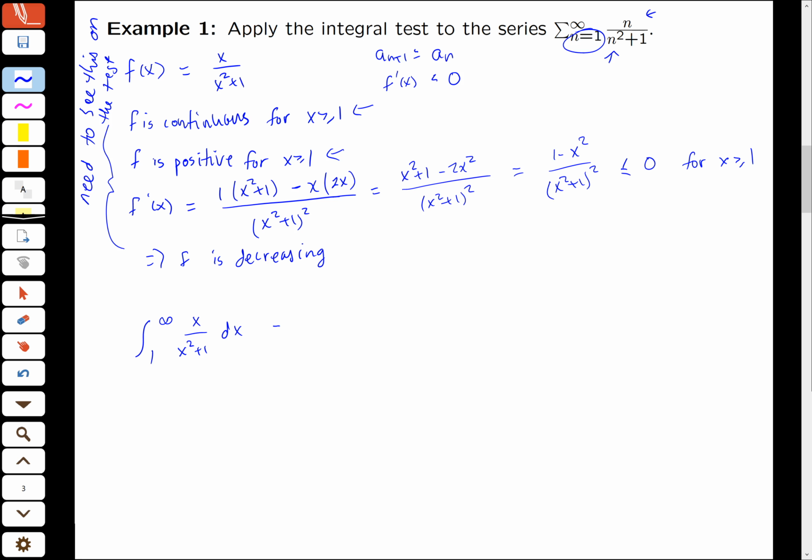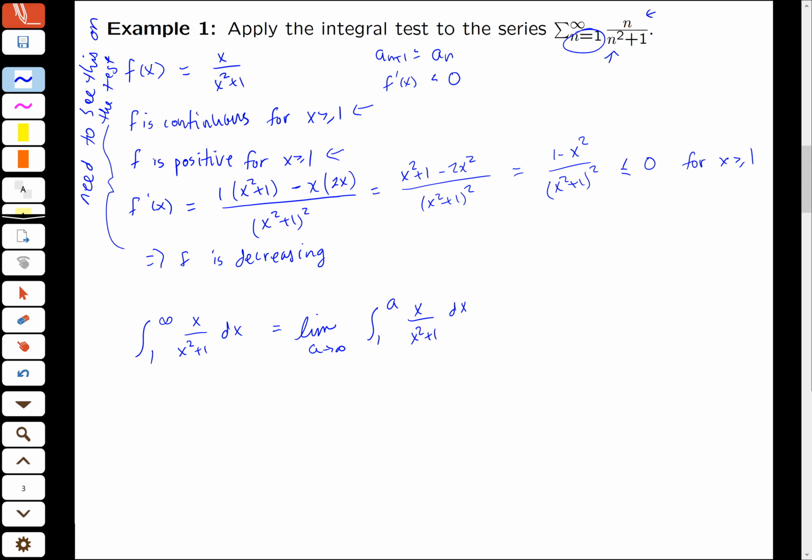How do we integrate that? What's our first step? Before I do u substitution, I've got an infinite endpoint, so yeah, pass to the limit. Limit as a goes to infinity, integral from 1 to a. Now I can think about integrating it.